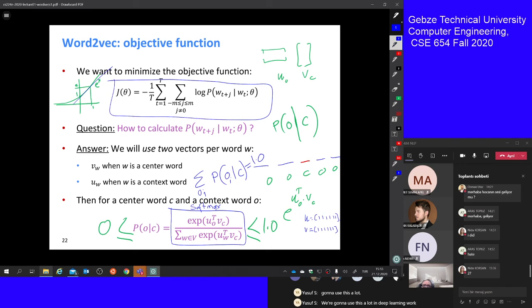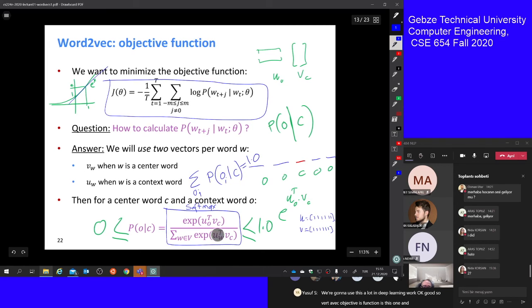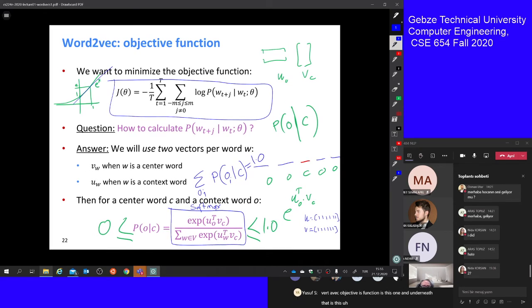Okay, good. So the word2vec objective function is this one, and underneath there is this dot product multiplication, and I use e to the power of it to make it a positive number, and by this division I make everything between 0 and 1.0. That's a probability.